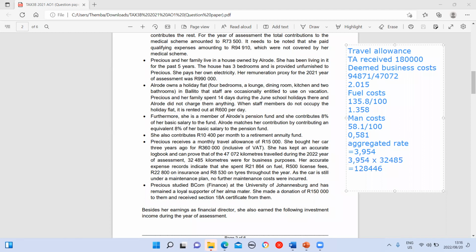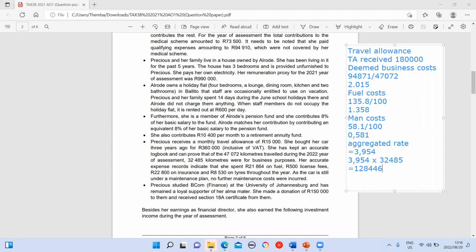And remember, in terms of the formula, the taxable allowance to be included in taxable income, sorry, not gross income, because taxable allowances are right after deductions. So the amount to be included in taxable income will be your taxable allowance received for the year minus your deemed business costs.